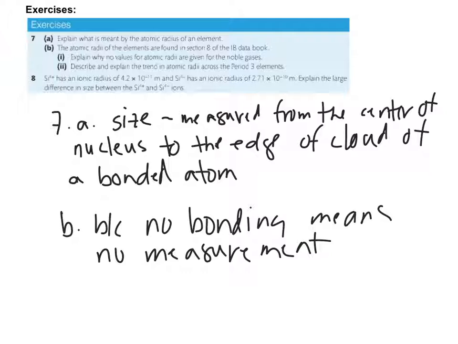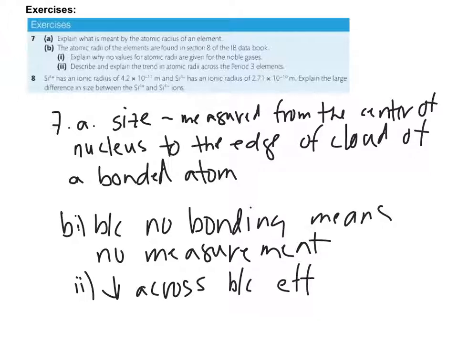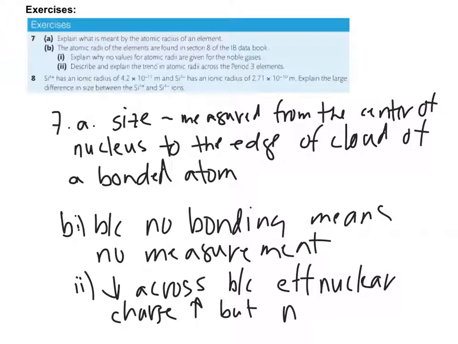And then 2, describe and explain the trend in atomic radii across the period 3 elements. Period 3 elements, like any period, decrease across because the effective nuclear charge is increasing, but the energy level, or N, remains the same.